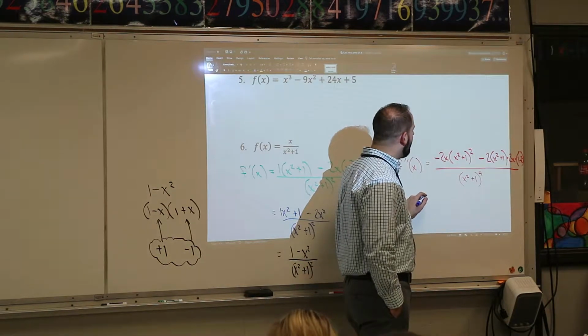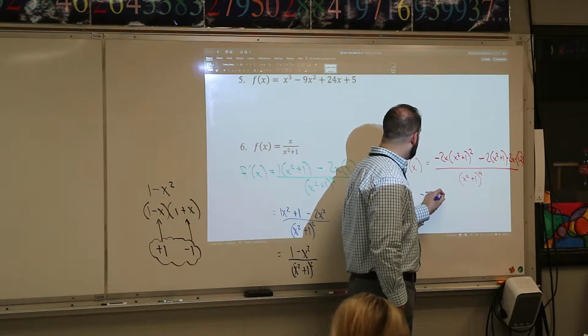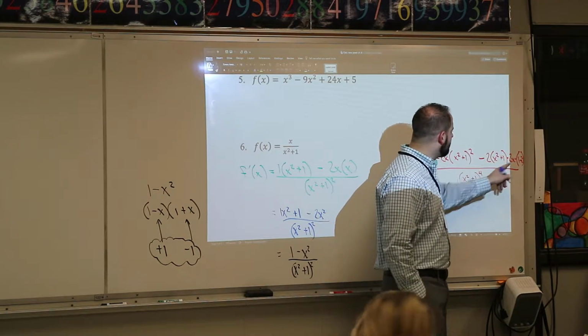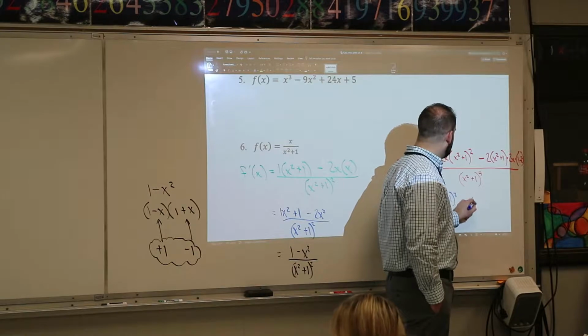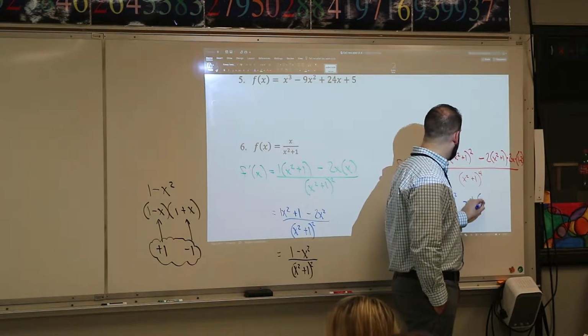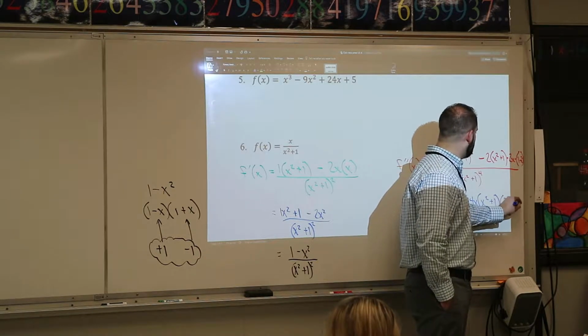Let's simplify this so it's a little bit better looking, because I can actually factor this apart really quick. I noticed that they have a couple of things in common. I'm going to move the 2x out front with the 2, so it makes 4x. We have an x squared plus 1, and we have 1 minus x squared.